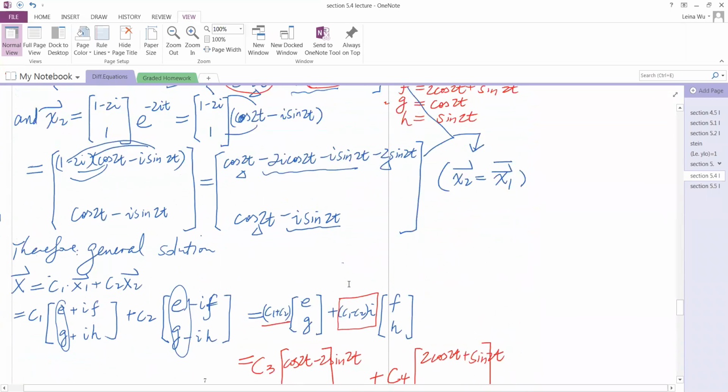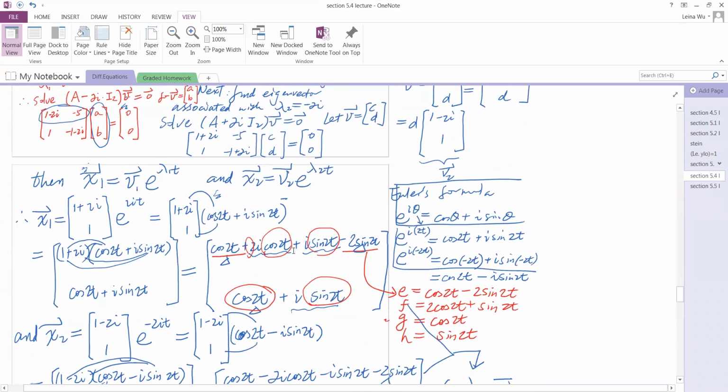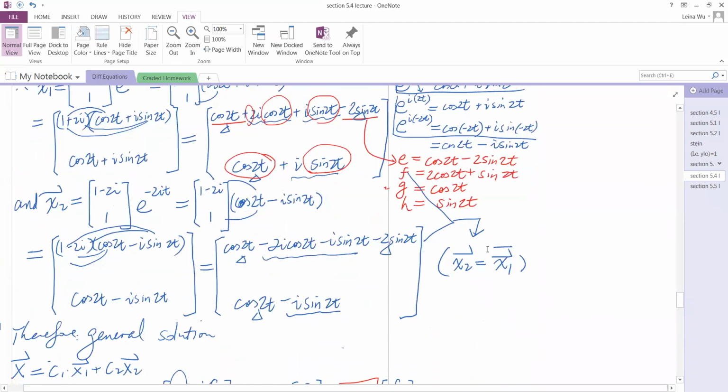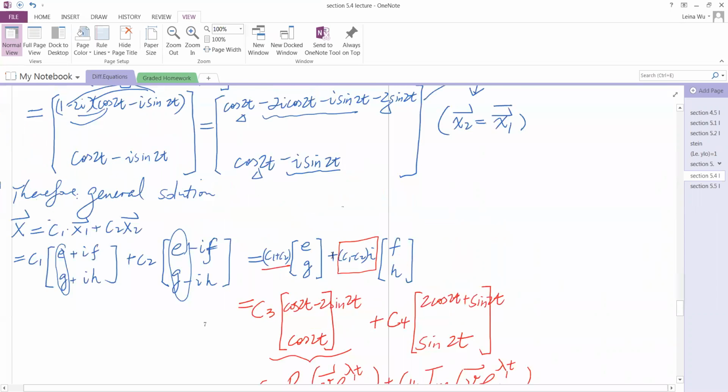These functions we extracted would all be the same from x1. So actually the shortcut here will just be, if we just do v1 e lambda 1t, it will be sufficient to cover this general solution.